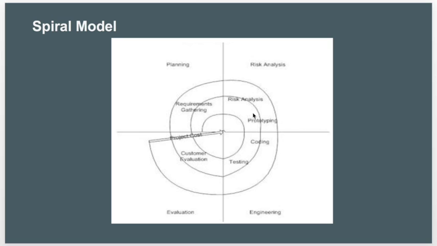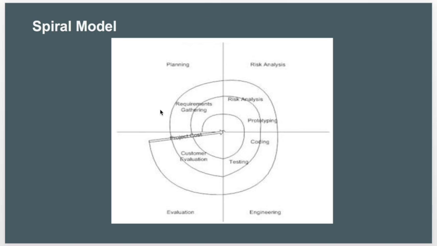In the baseline spiral, starting in the planning phase, requirements are gathered and risk is assessed. Each subsequent spiral builds on the baseline spiral. It is one of the software development models like waterfall, agile, or V model.